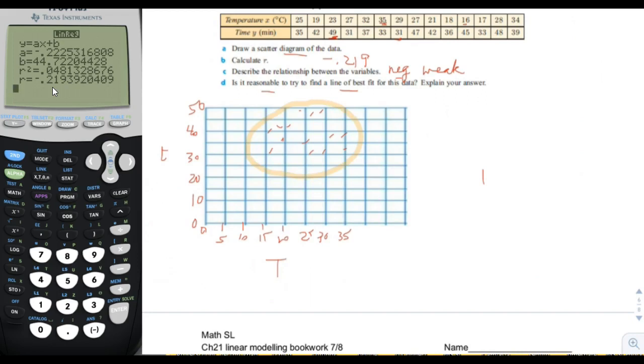So it's kind of hard to say that this is a line. So maybe no, because the linear correlation is weak. Okay, so not so reasonable maybe. Okay? And that's it for page 6.